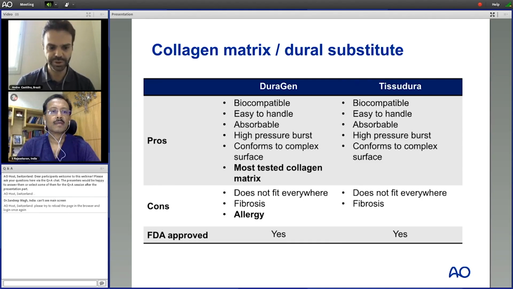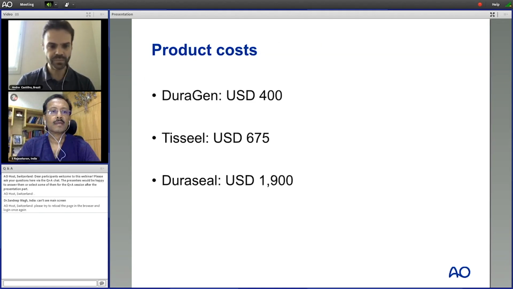There are some case reports in the literature, so it's important to keep that in mind. What about cost? In my city, Belo Horizonte, in Brazil, DuraSeal can be 5 times more expensive than Duragen, and almost 3 times more expensive than Tisseel. So they can lead to a higher cost in surgery.